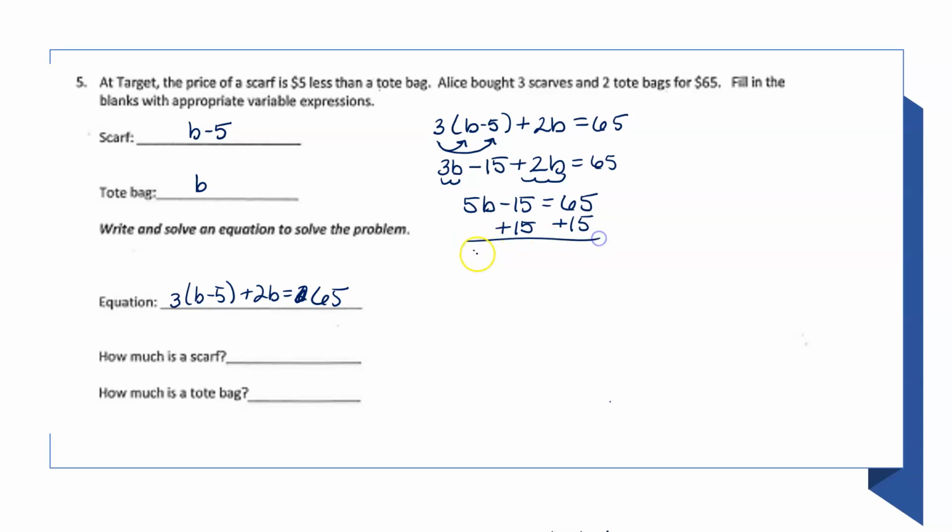So I got 5B equals 80. And I'm going to divide by 5. So I get the price of a tote bag, which is 16. And if I subtract 5 from that, like it says here, then the price of a scarf is 11. This is money, so let's use our dollar sign.